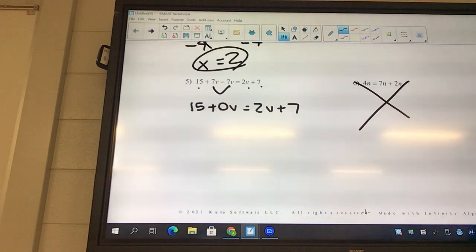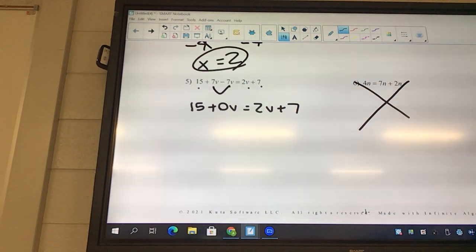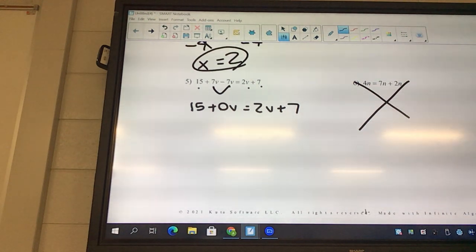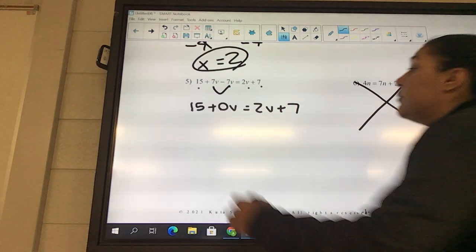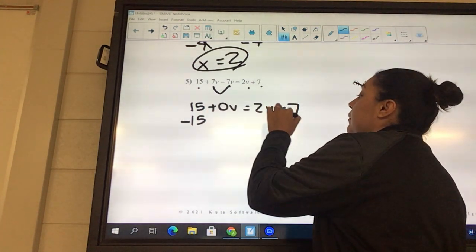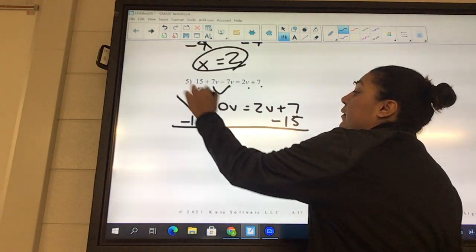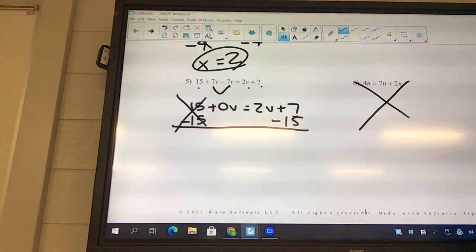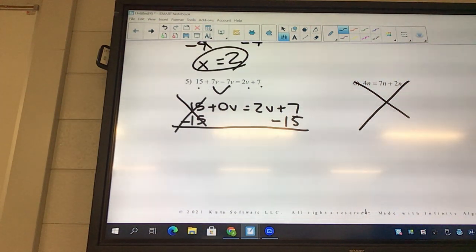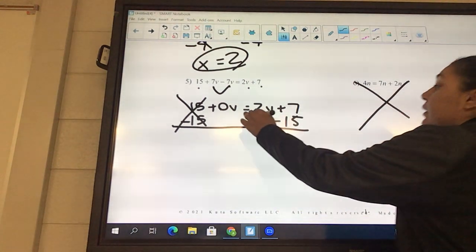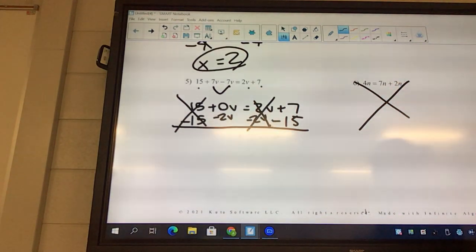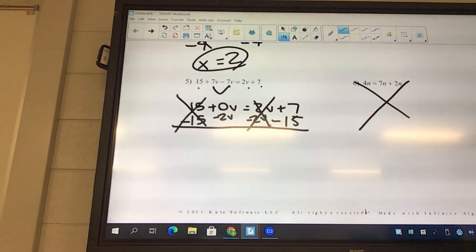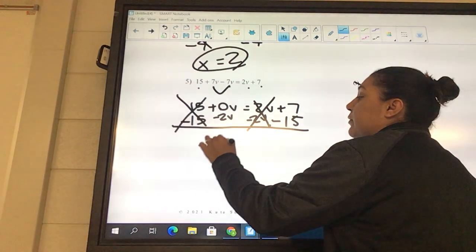We need to move our letters to the left and our numbers to the right. What needs moved? The 15 needs moved, so we say minus 15, minus 15. And then what else needs moved? The 2b, so we say minus 2b, minus 2b. So I've got 0 minus 2b, it's going to be negative 2b.